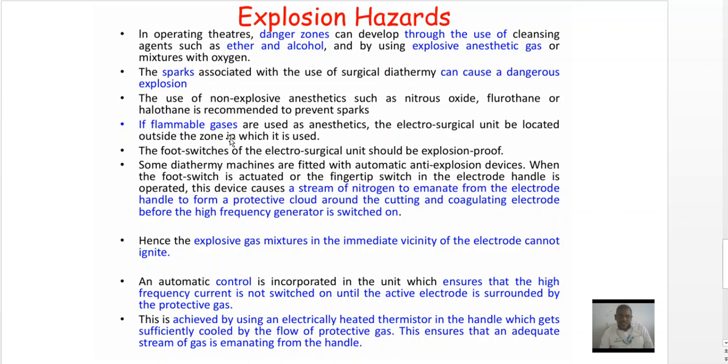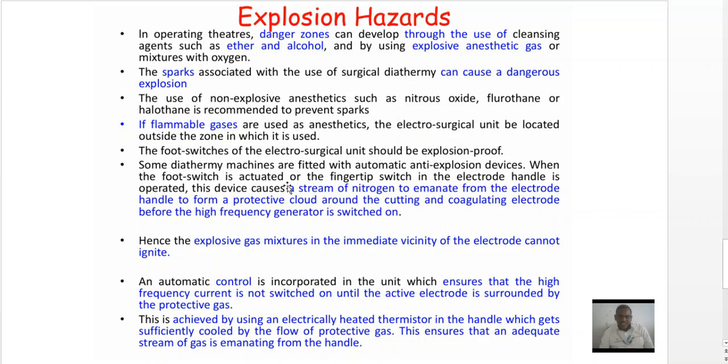If inflammable gases are used as anesthetics, the electrosurgical unit should be located outside the zone in which it is used. So to avoid the explosion, the foot switches of the electrosurgical unit should be explosion proof. These are some of the measures. Some diathermy machines are fitted with automatic anti-explosion devices.